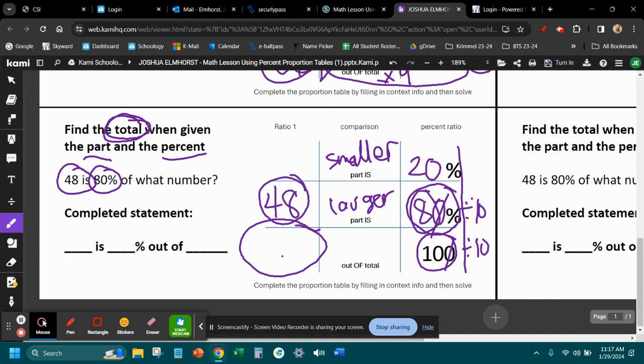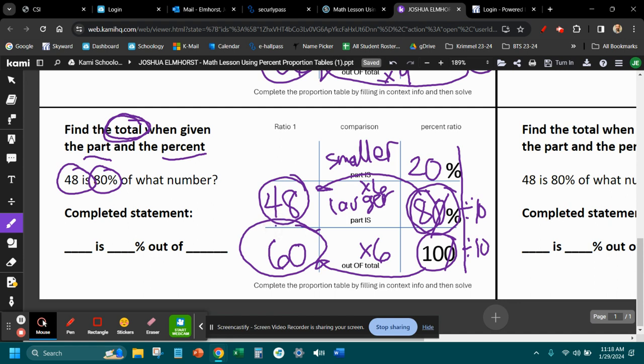Now, does 8 have a multiple that works with 48? Times what? Times 6. So 8 times 6 is 48. 10 times 6 is 60. So if we complete the tic-tac-toe proportion table, 48 is 80% of 100.